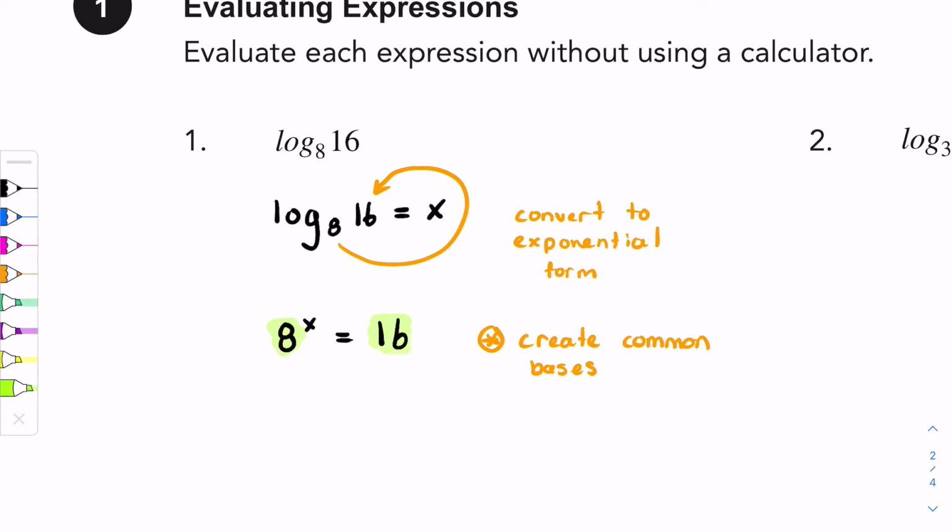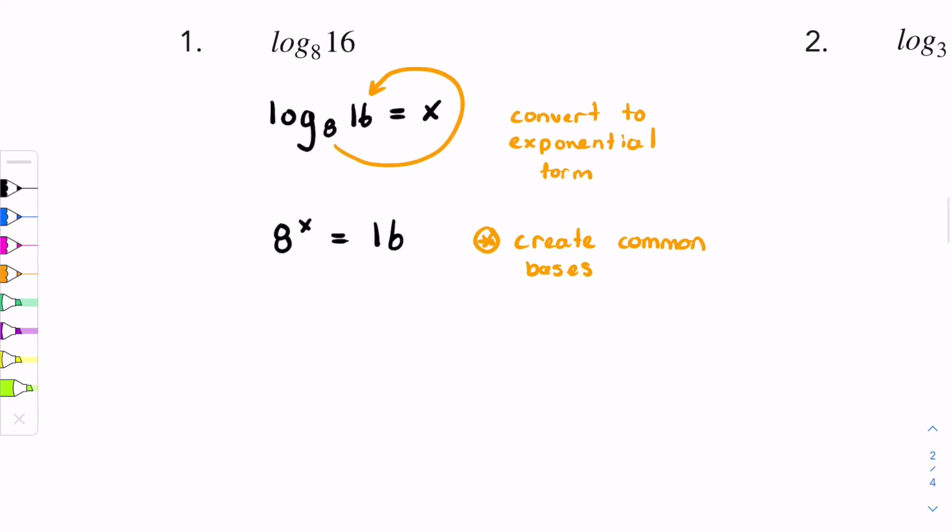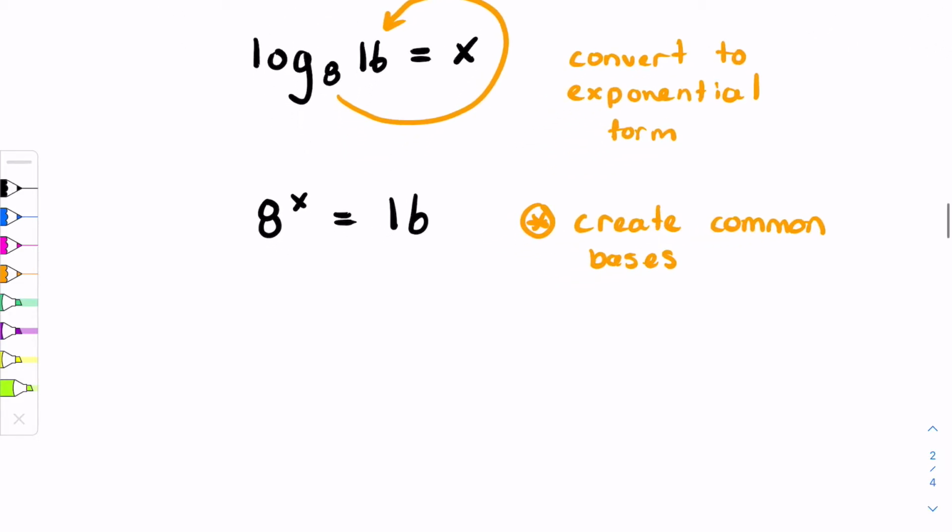So we need to rewrite 8 and 16. There's no other way for me to say this other than you just have to experiment with a number and figure out how you could break it down to the same base. So if you're good at your exponents, or you know what squared values, cubed values, and fourth values are, then you should be pretty quick at doing this. If you don't know them, you're, again, just going to have to experiment with this.